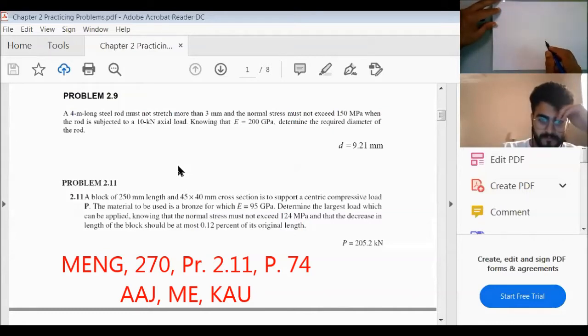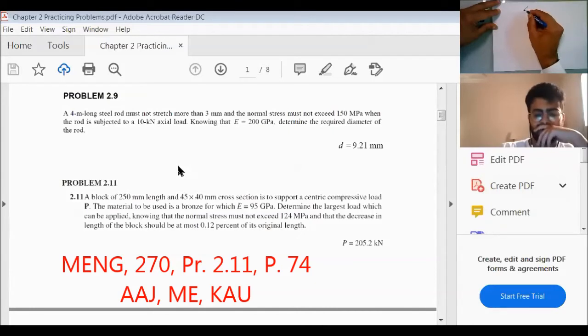211, sorry, not 10. A block of 250 millimeter length and 45 by 40 millimeter cross section. So if you want to draw this, this is the problem that we have. So this block is 250 millimeter length.